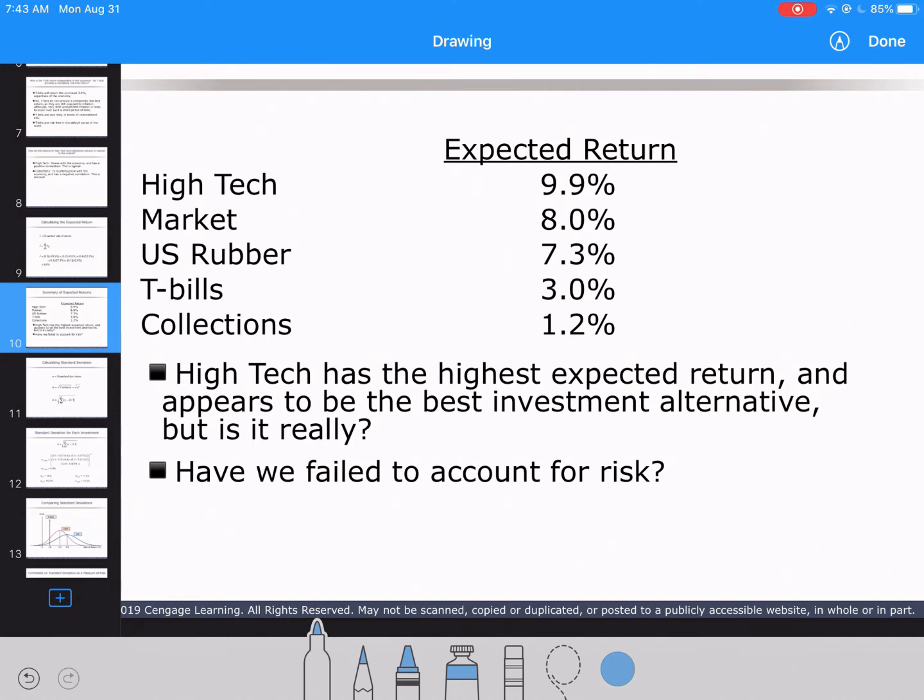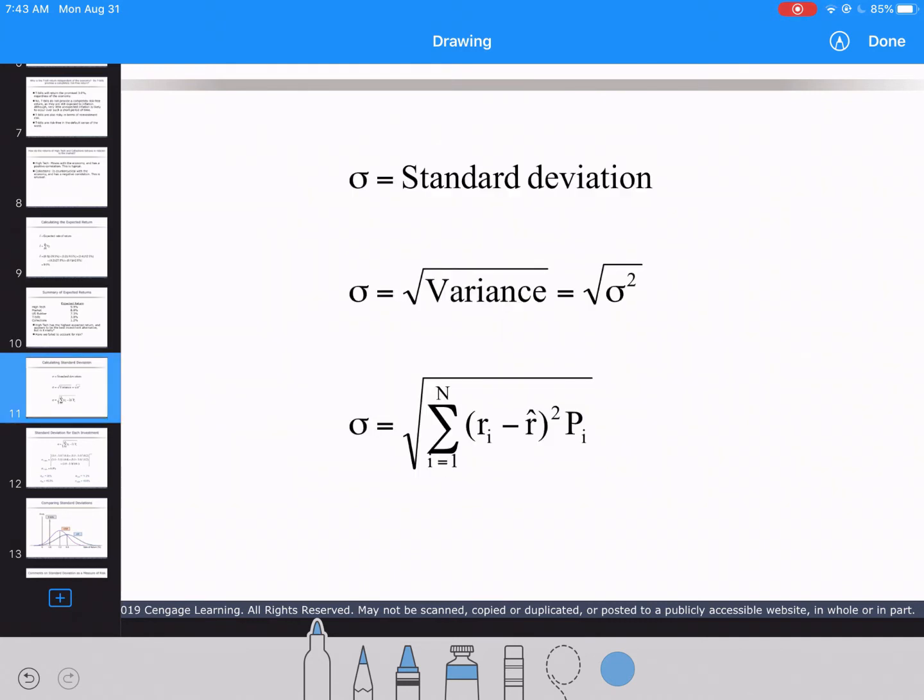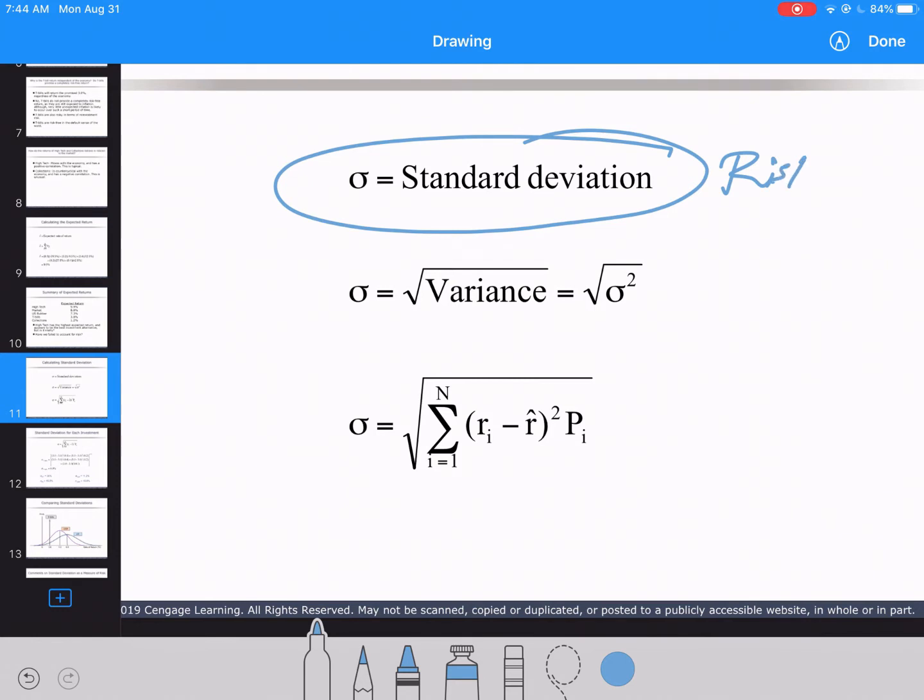The highest expected return is high tech, and you'll see why, because it has higher risk. Risk can be calculated by standard deviation.